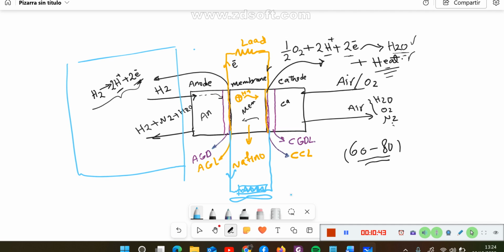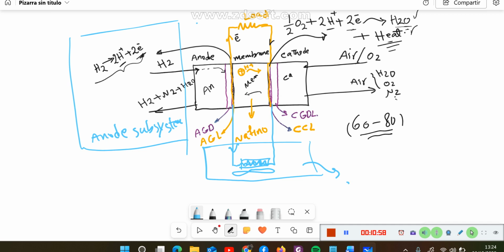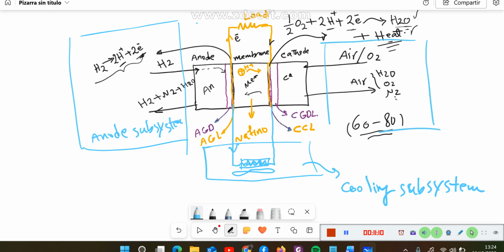Normally this part of the system that supplies the hydrogen, we call it the anode subsystem. This part of the system that cools down the stack, we call it the cooling subsystem. This part of the system that supplies the air, we call it the air subsystem.